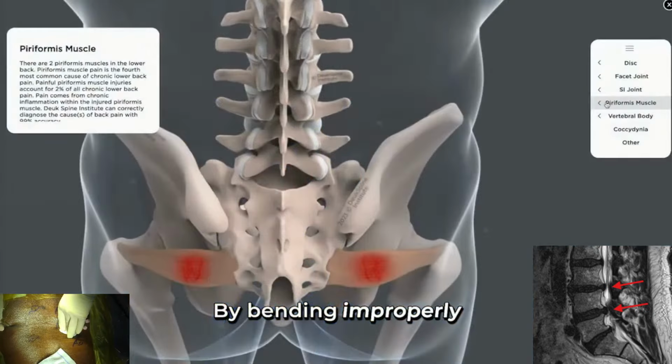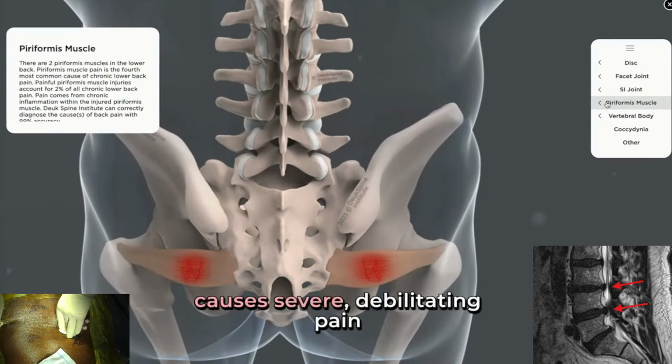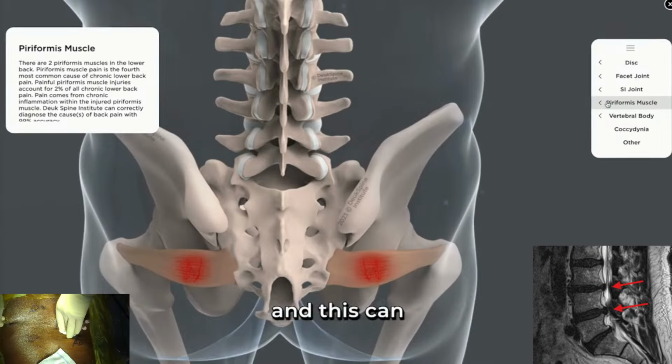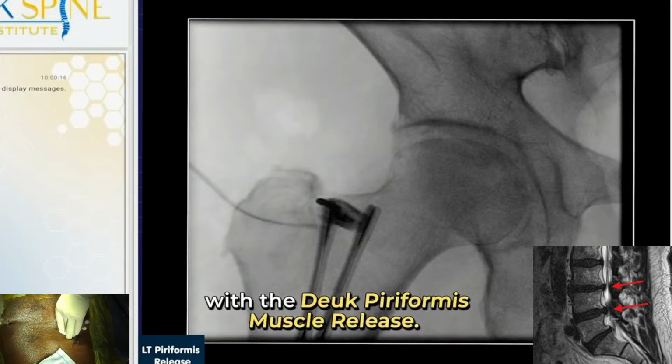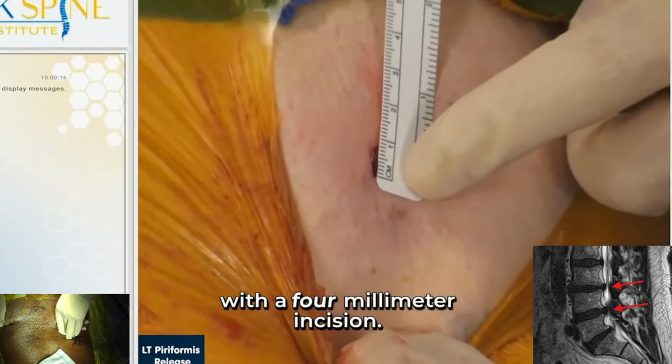By bending improperly, they put the muscle under too much stress and tear it. The torn piriformis muscle causes severe debilitating pain in the top of the buttock. This can be treated most effectively with the Duke piriformis muscle release, performed percutaneously with a 4mm incision.